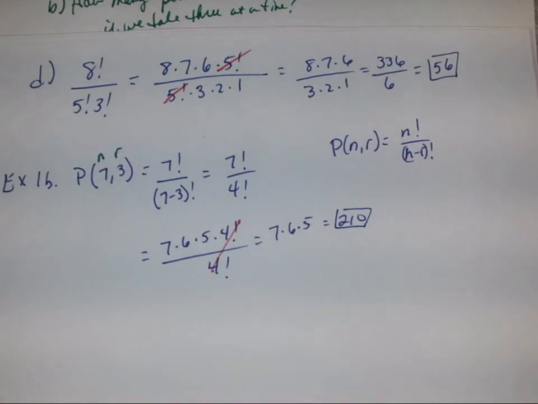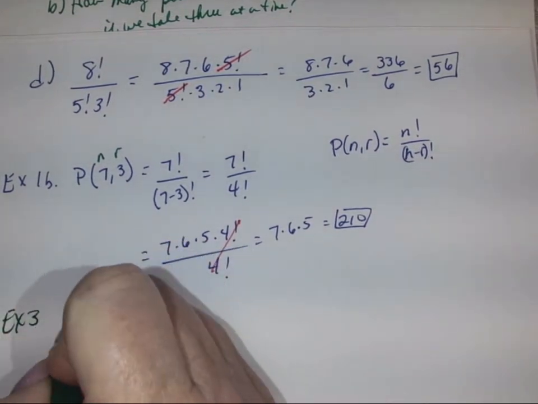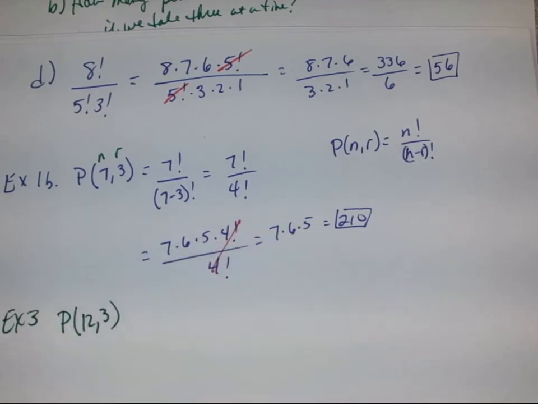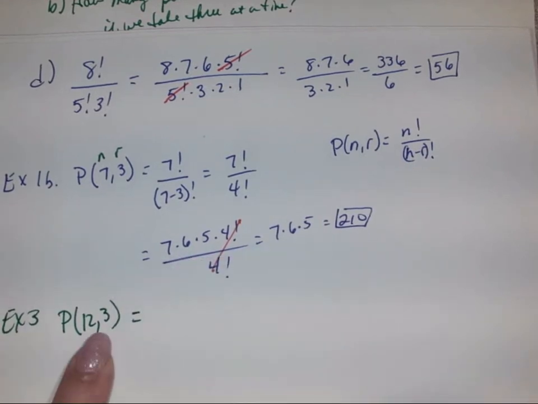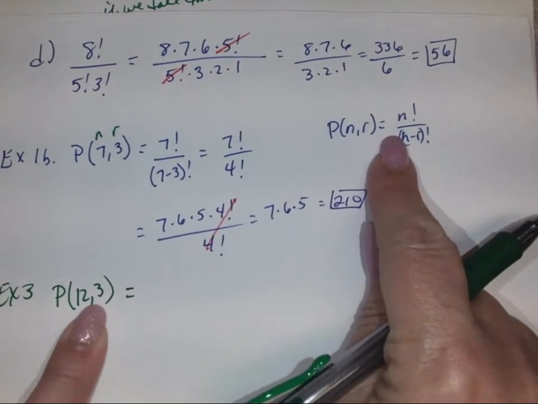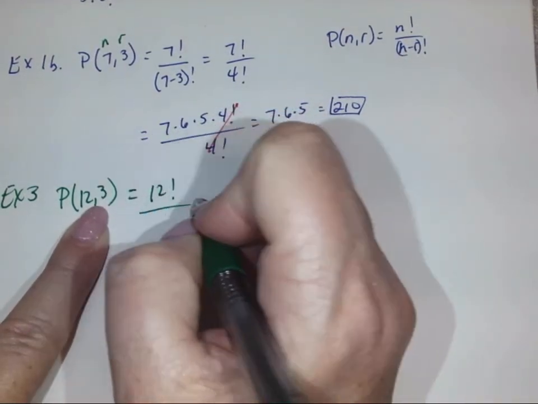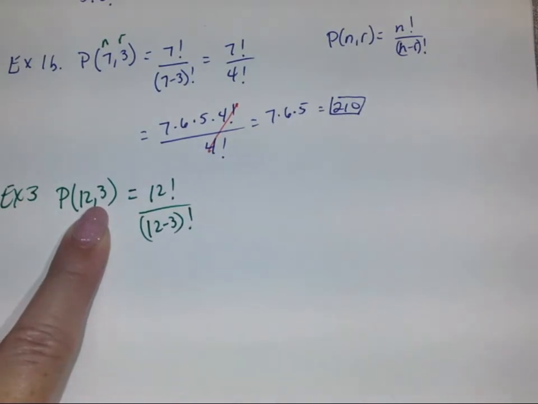So this will be example 3. We're looking at the permutation out of 12, where we choose 3. Using our formula again, we're going to do 12 factorial over 12 minus 3 factorial.